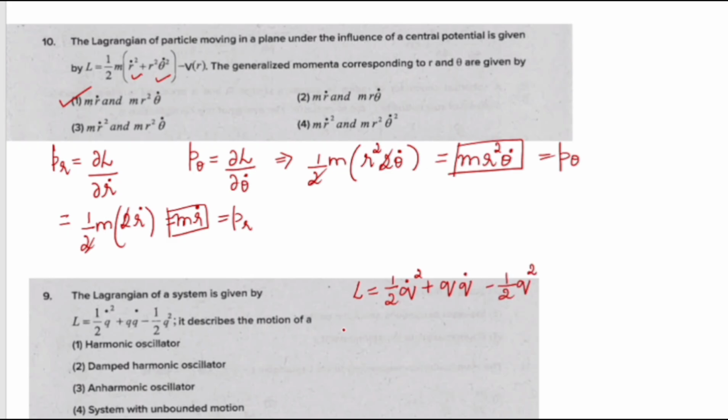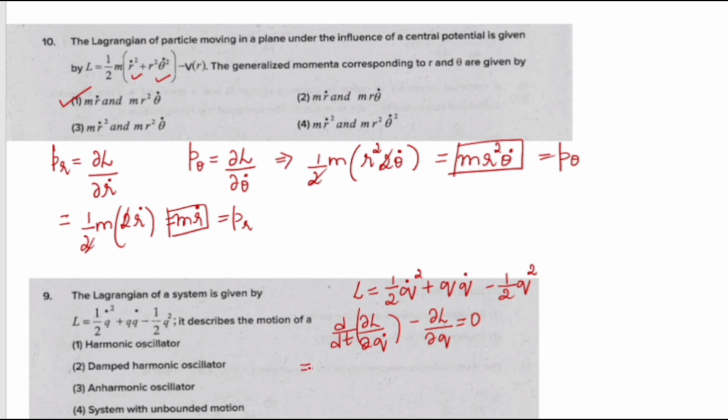So we have the Lagrange equation of motion, d by dt of the partial derivative of the Lagrangian with respect to q dot, minus the partial derivative of the Lagrangian with respect to q, equal to 0.